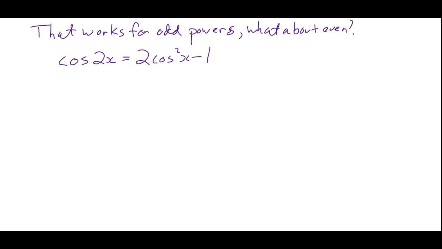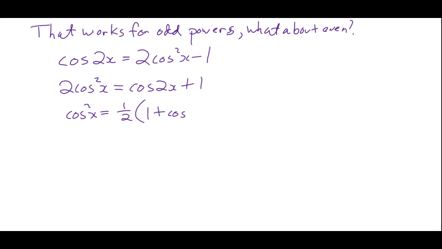So if I have a cos squared, what can I replace it with? Well, let's solve this for cos squared. So 2 cos squared x, just move this over, is cos 2x plus 1, and so cos squared x is equal to 1/2 of 1 plus cos 2x.